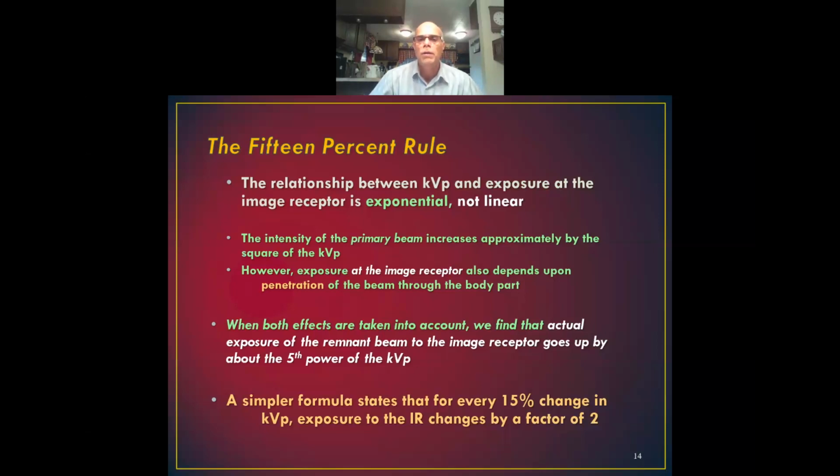So you're talking about two different parts of the beam. You're talking about the primary beam, and you're also talking about the amount of radiation reaching the image receptor after it has transmitted through the patient. When both effects are taken into account, we find that exposure of the remnant beam, what remains to expose the image plate, goes up by about a factor to the 5th power of the kVp.